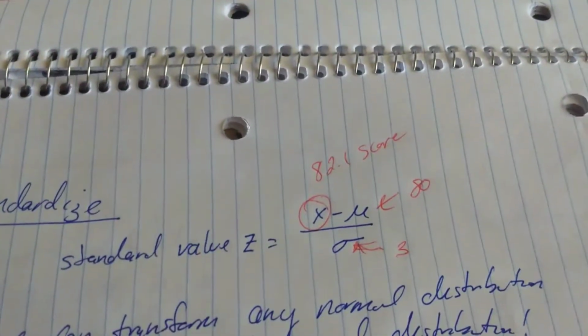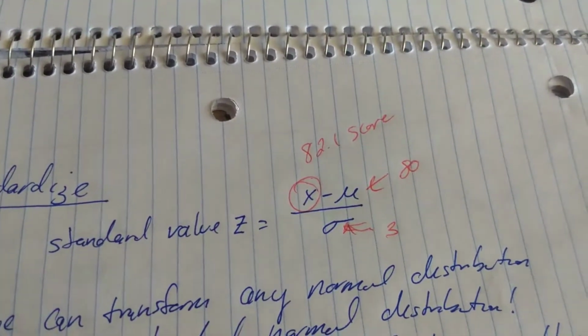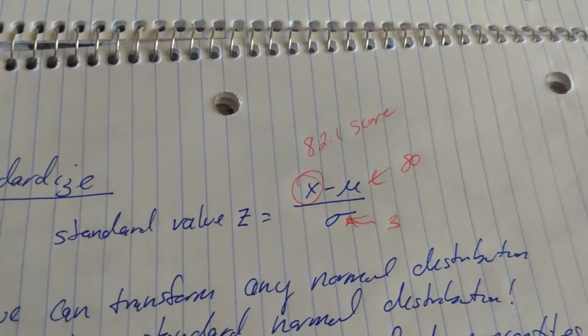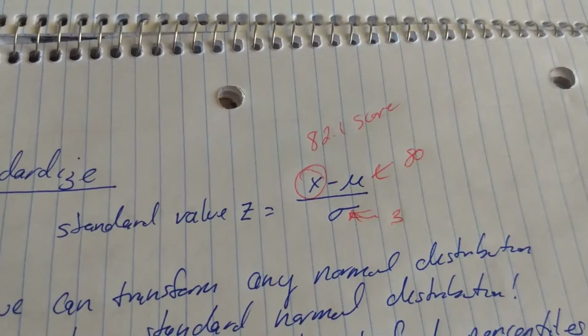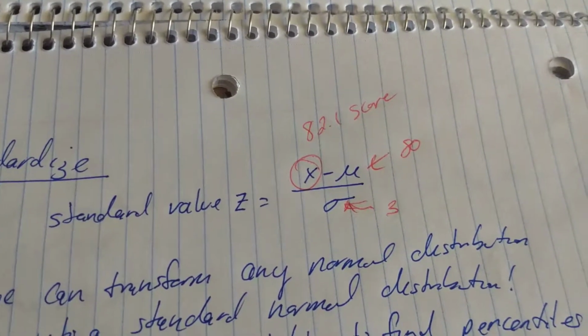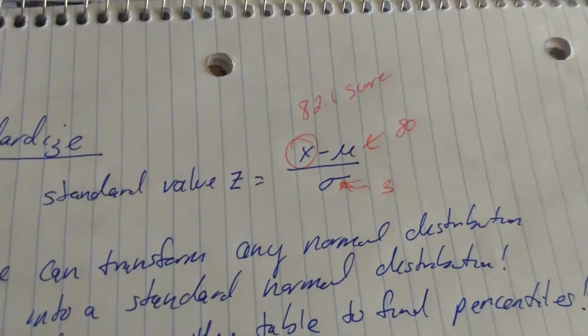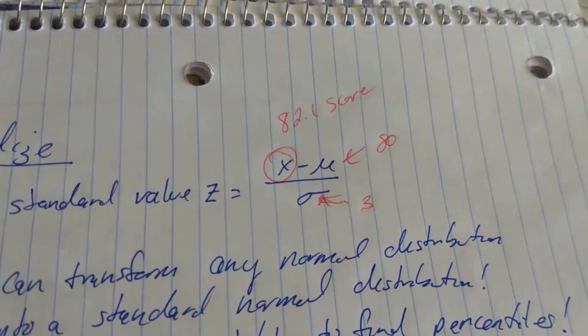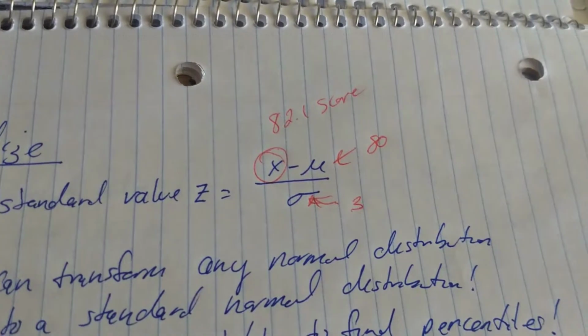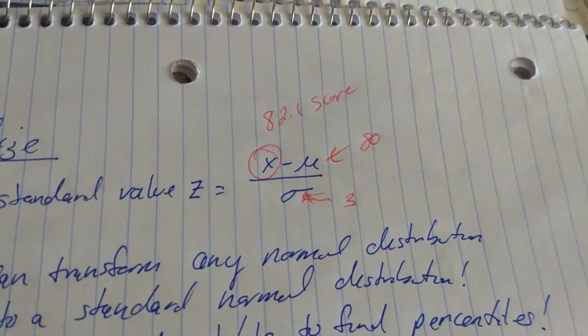So what I would do is plug in x is 82.1, mean is 80, standard deviation is 3, and solve for z. This would tell me the standard point on the standard normal curve for a test score of 82.1 when the mean is 80 and the standard deviation is 3.